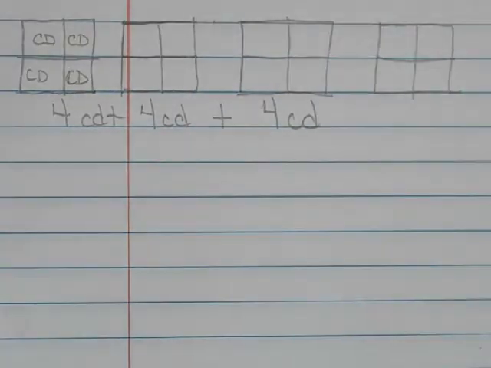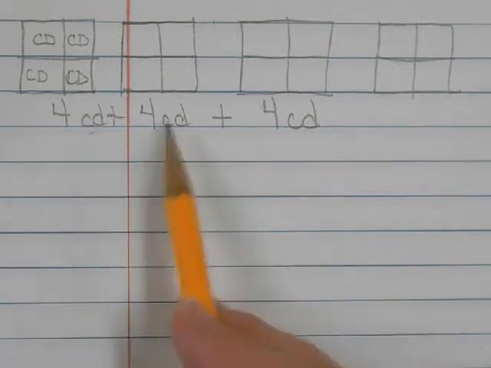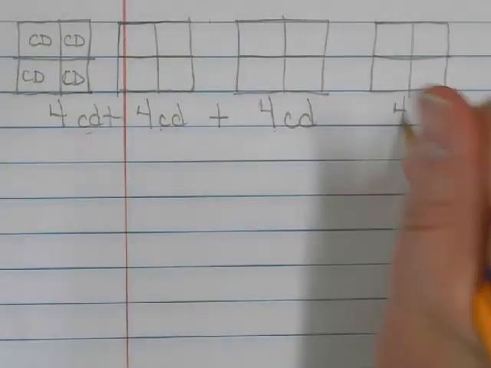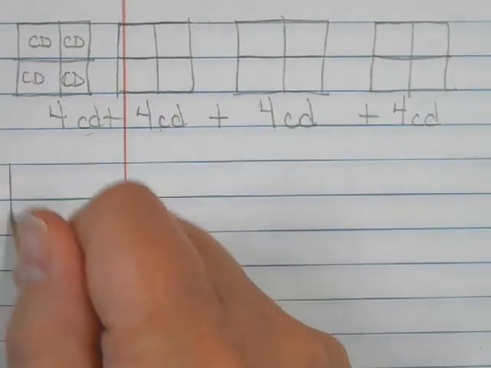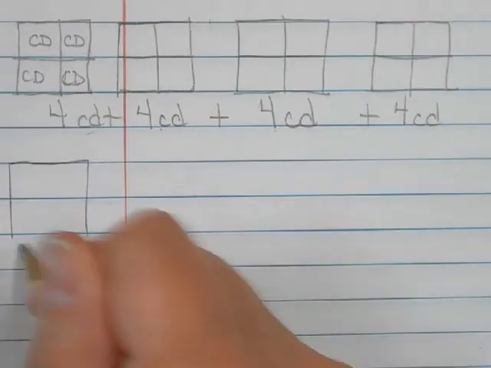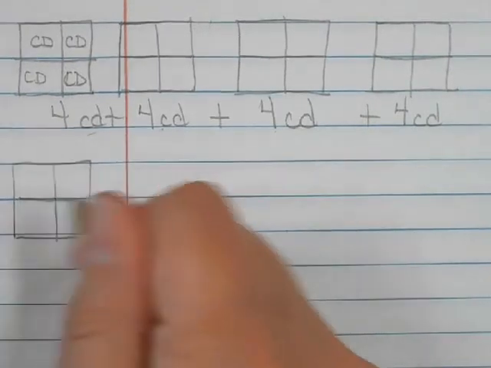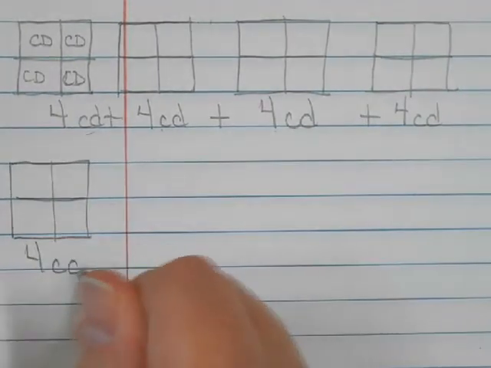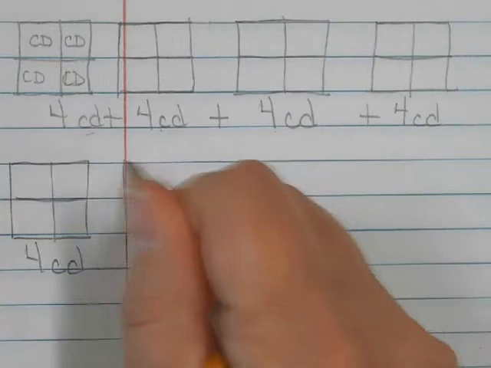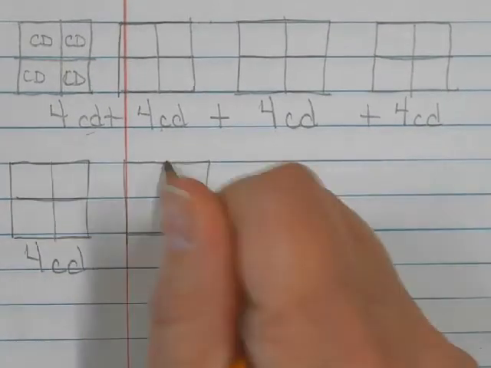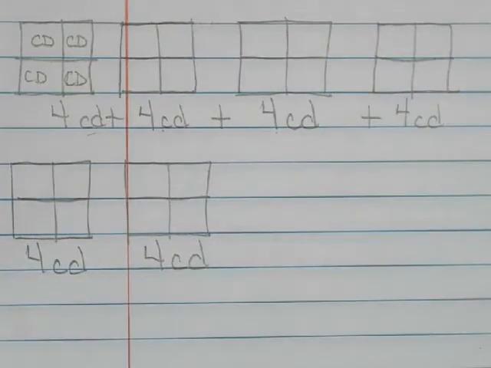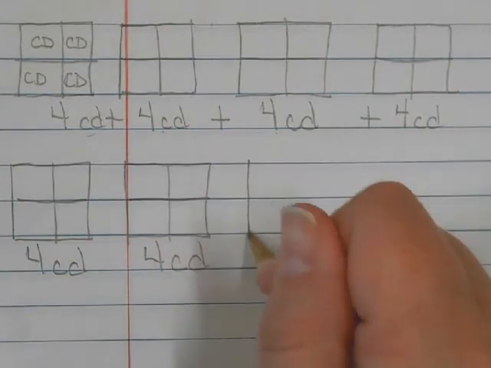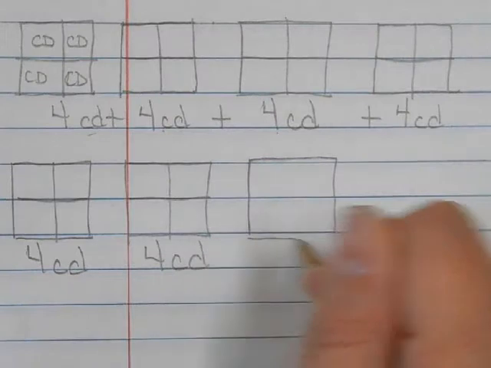Again, 4 CDs on that page, so we were at 4, 8, 12. Another 4 CDs would be 16. Another 4 CDs would be 20. Another 4 CDs would be 24. And again, if this is what you need to do to visualize it, that's okay.